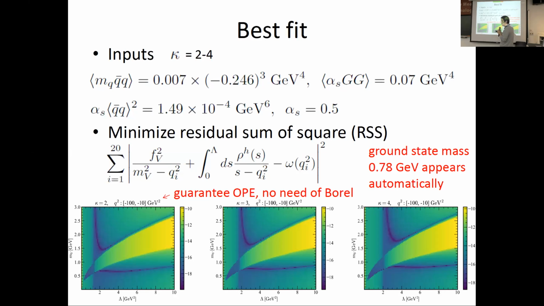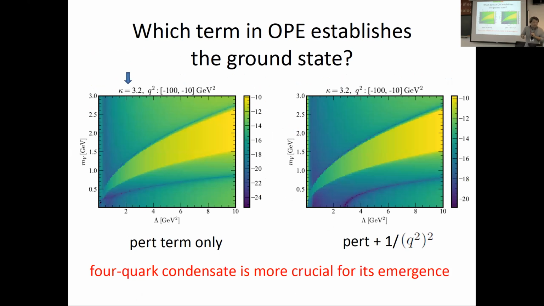This higher mass in fact represents the excited states. I'll come to this point later. It means that if you choose the mass as the excited state, you can also fit this OPE better.